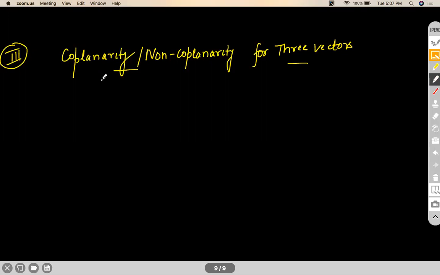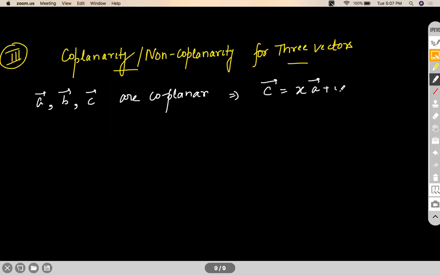If vectors A, B, C are coplanar, that means one of them can be expressed as a linear combination of the other two.